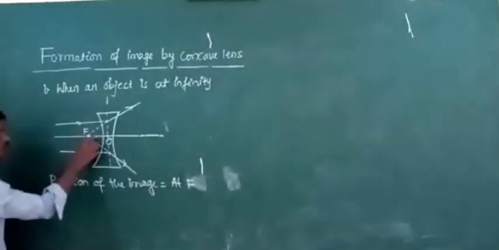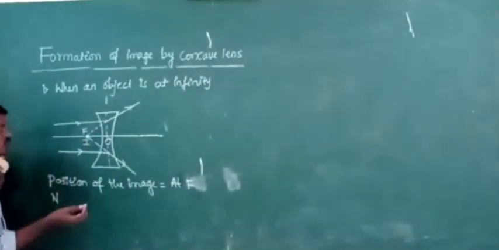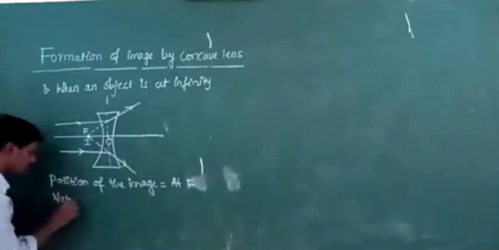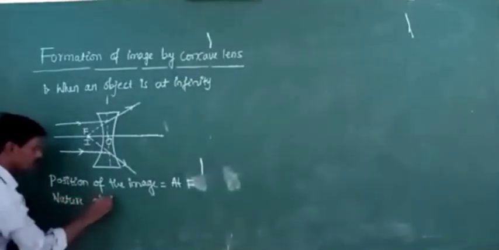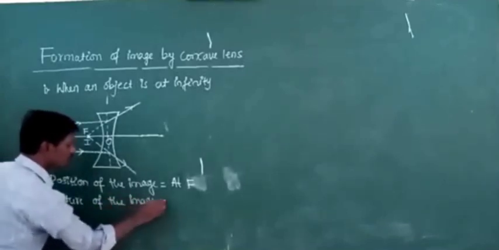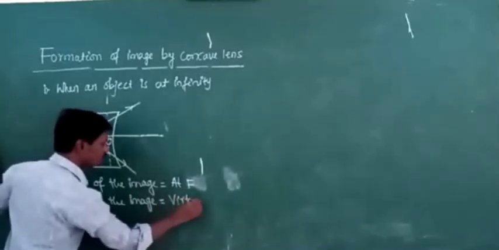This image cannot be obtained on the screen, so this image is called virtual image, and it is erect. The nature of the image is virtual and erect.